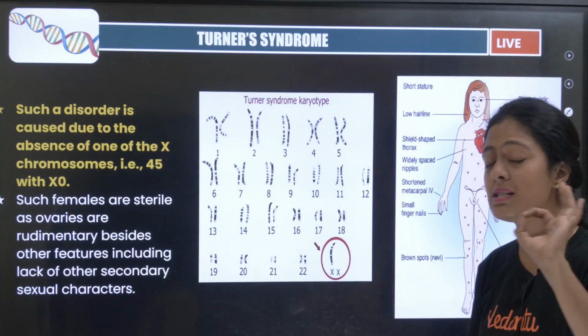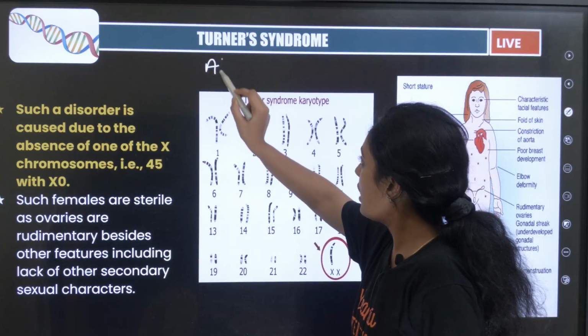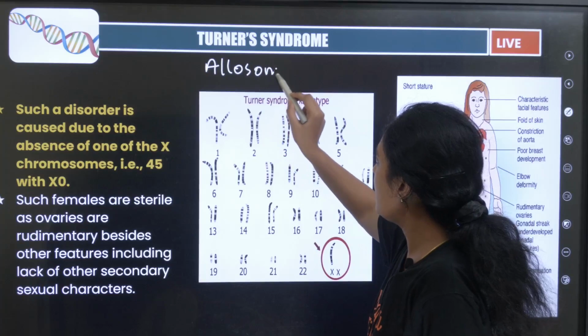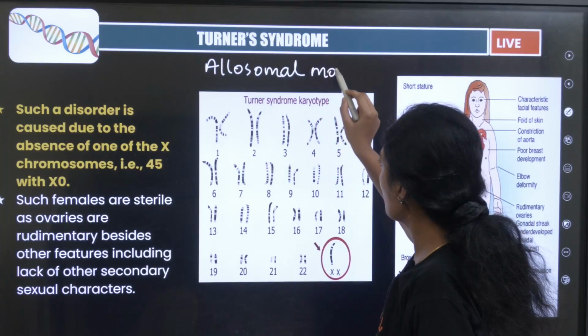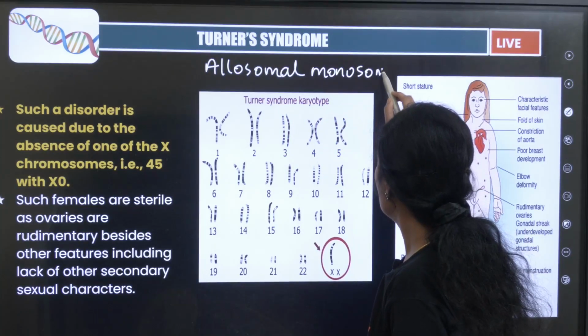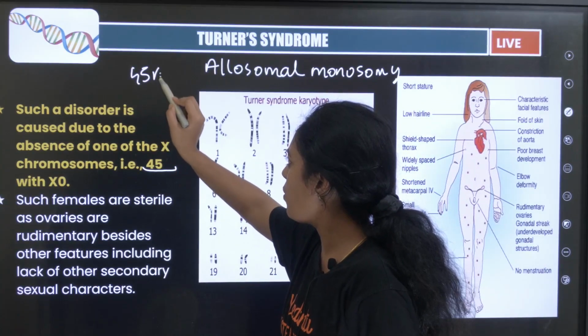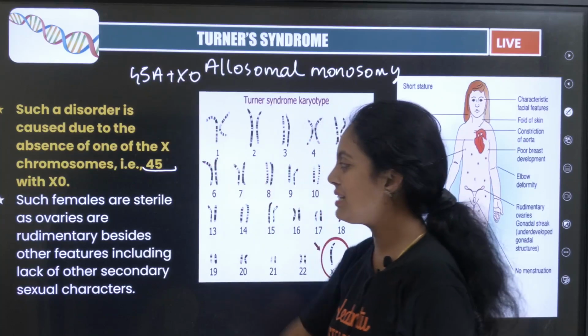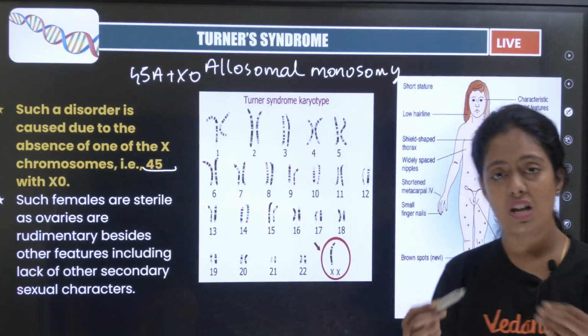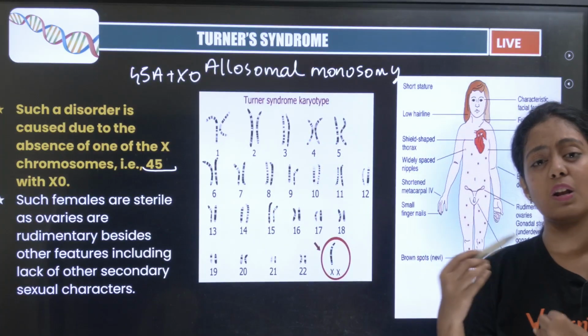Turner syndrome is a monosomy. Okay, allosomal monosomy. Very important. So what will be their karyotype? 45, that is one autosome less, plus X0. Such females are sterile, as the ovaries are rudimentary, they cannot reproduce.